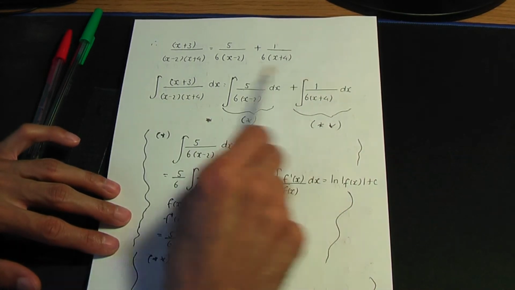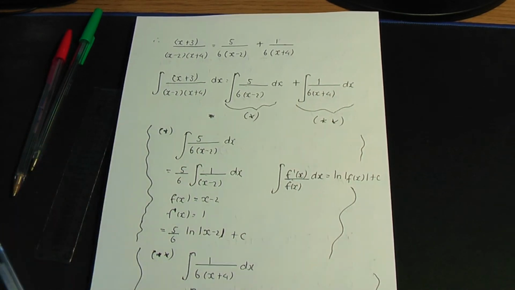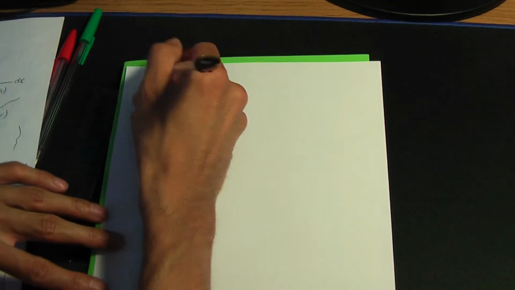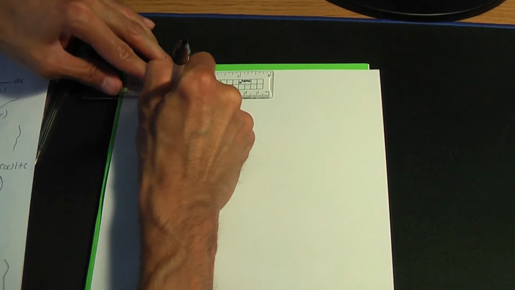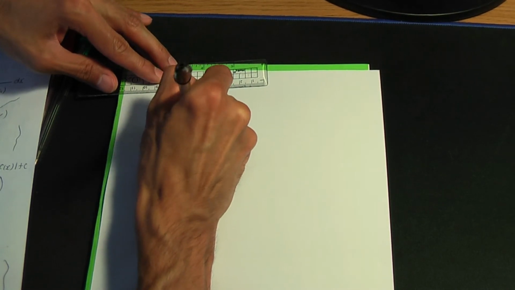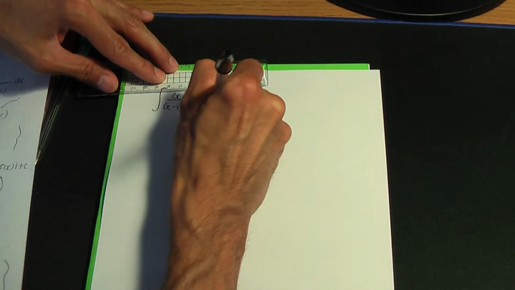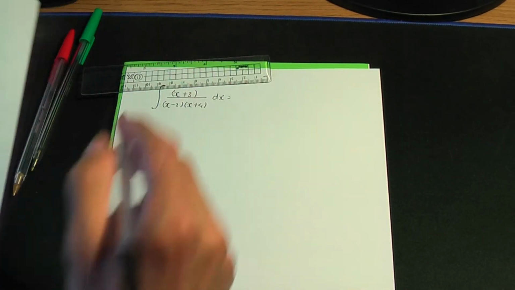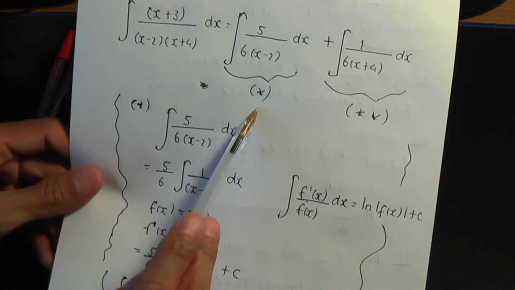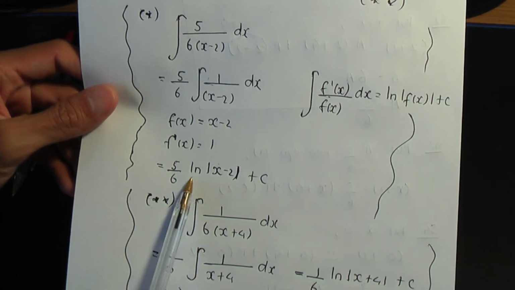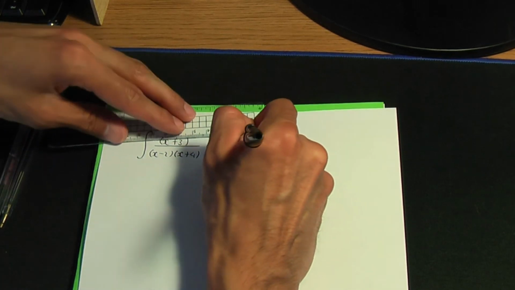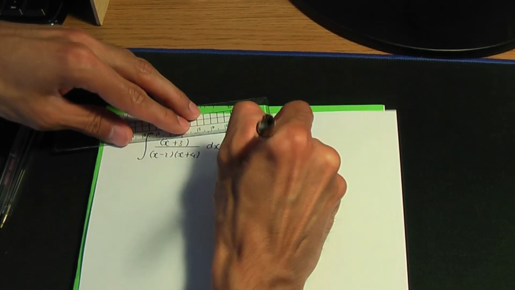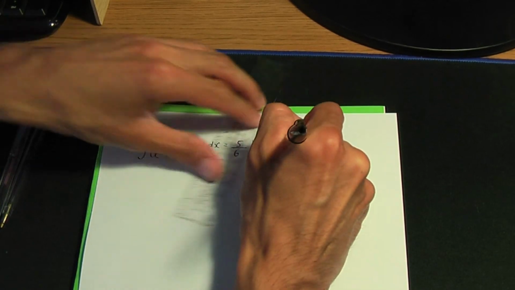Okay, so we have the results of our side calculations for star as well as double star. Let's use them to finish this problem. So, fresh piece of paper. The integral of x plus 3 over x minus 2 times x plus 4 with respect to x is going to be, for star, 5/6 ln modulus of x minus 2.